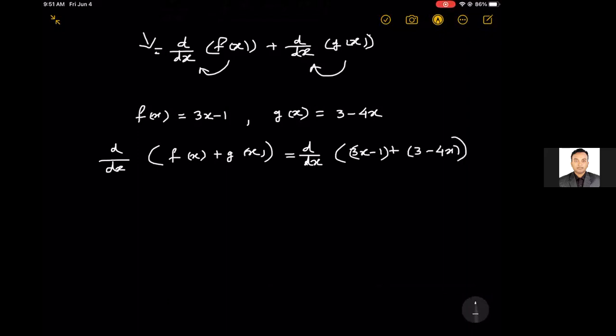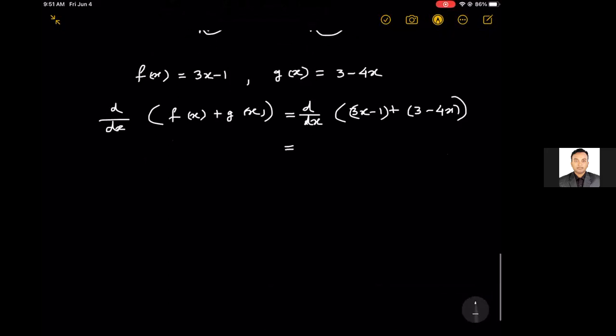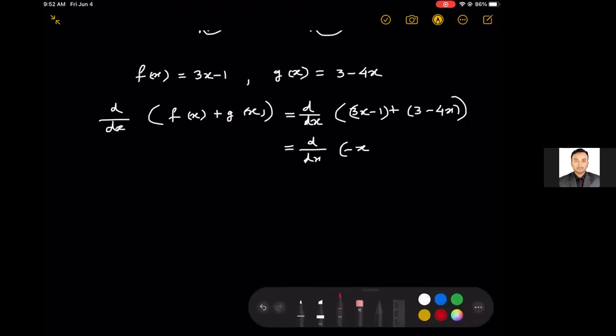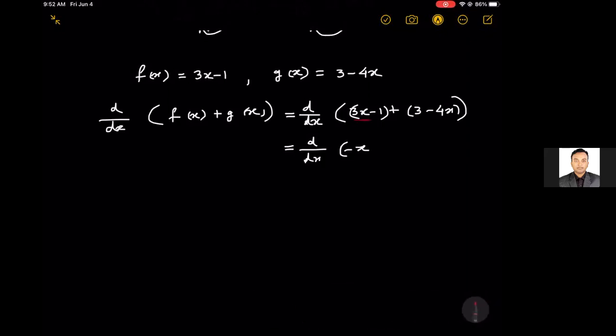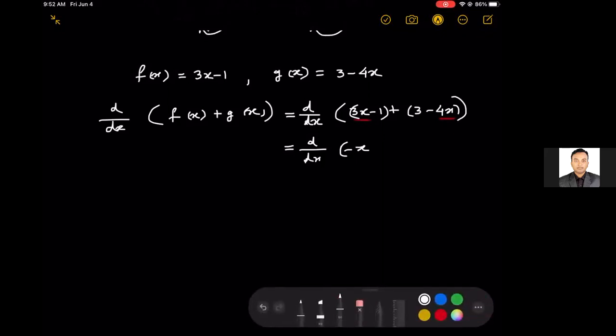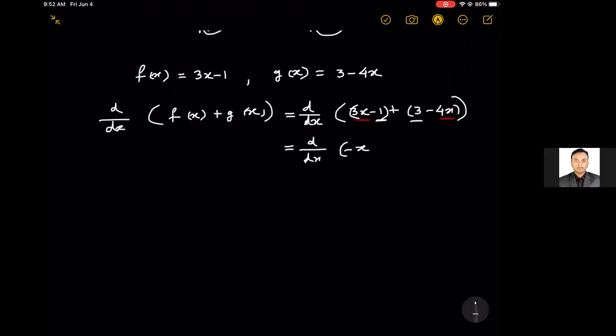We'll just add this first. If we add this, 3x minus 4x gives us a minus x, right? I'm just doing some algebra here, nothing else. No real calculus here. This 3x minus 4x, it's just negative x. Do you agree? And we have negative 1 plus 3, so that's plus 2.